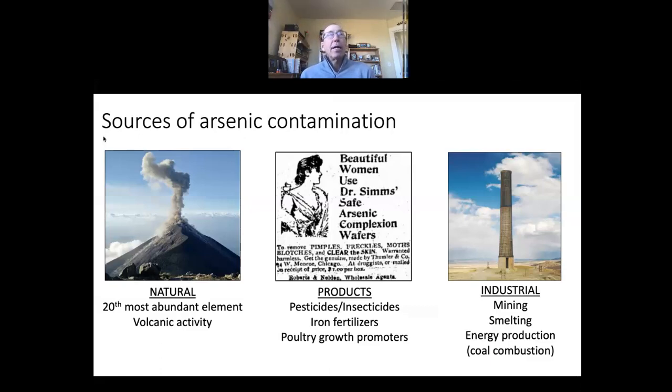Pesticides and insecticides, which were essentially used all across Montana for years, include arsenic. Fertilizers and poultry growth promoters also have arsenic in it. It's also a result of industrial processes, mining and smelting, and coal.